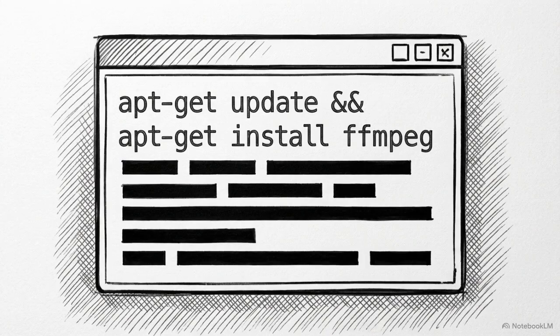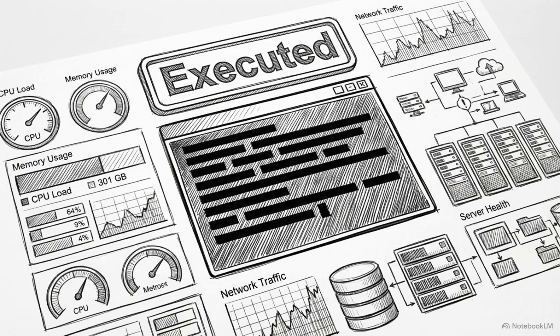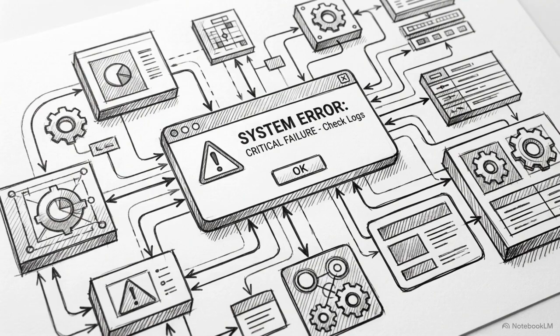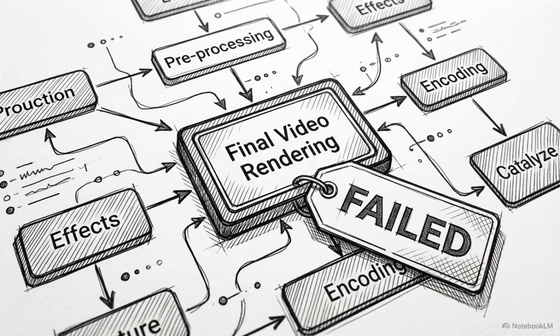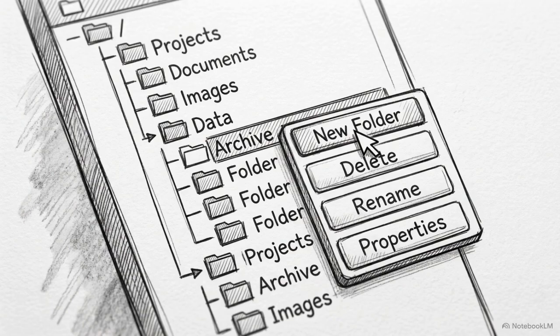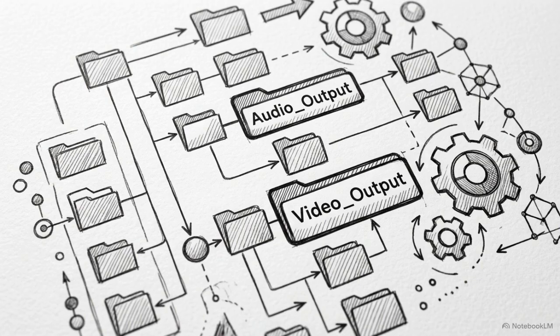These are the exact commands you need to install FFmpeg. Run these directly in your N8N hosting dashboard to enable media processing. If you skip this installation, the automation will be unable to merge the files, and the final rendering stage will fail. Now, create local folder paths within your N8N environment to provide a dedicated storage location for the audio and video files generated during the run.